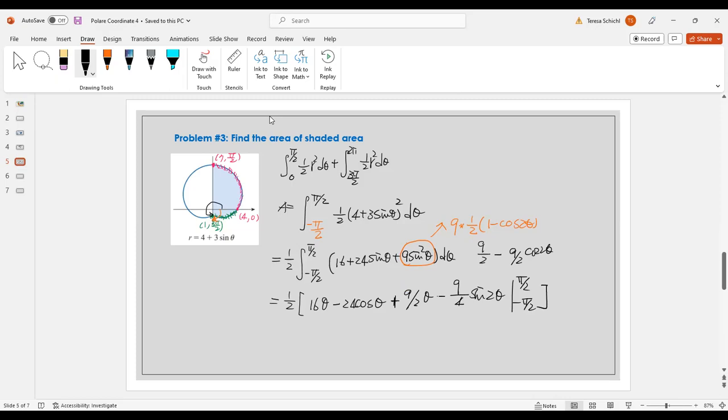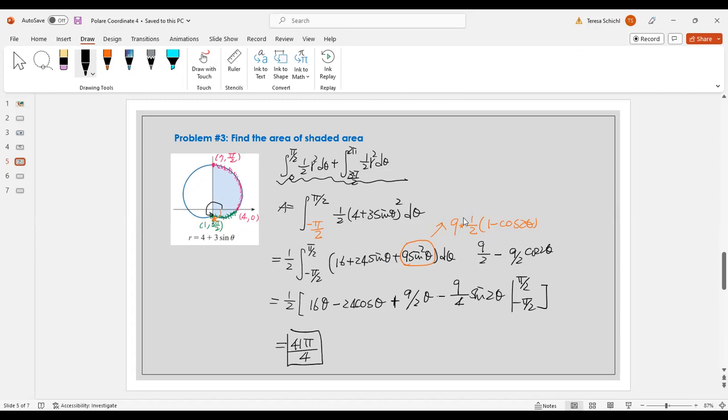Now this problem is a little bit more tedious, but basically the idea is the same. Like I said, you can divide it into these two and substitute different bounds, or you can just think about it: swinging the 3 pi over 2 is similar to swinging the negative pi over 2. Then you plug in, and the final answer here will be 41 pi over 4.